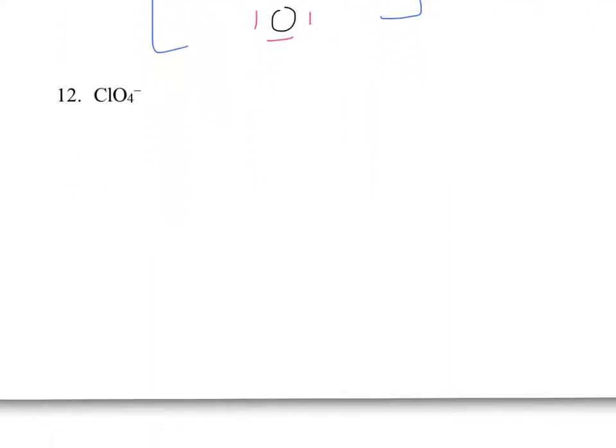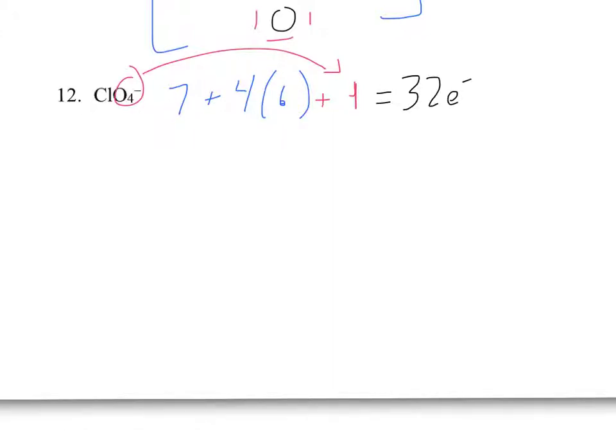And last, the perchlorate ion, 7 plus 4 times 6. Again, not to forget the extra 1 electron, for a total of 32 electrons, 16 lines. This is very repetitive, these particular.